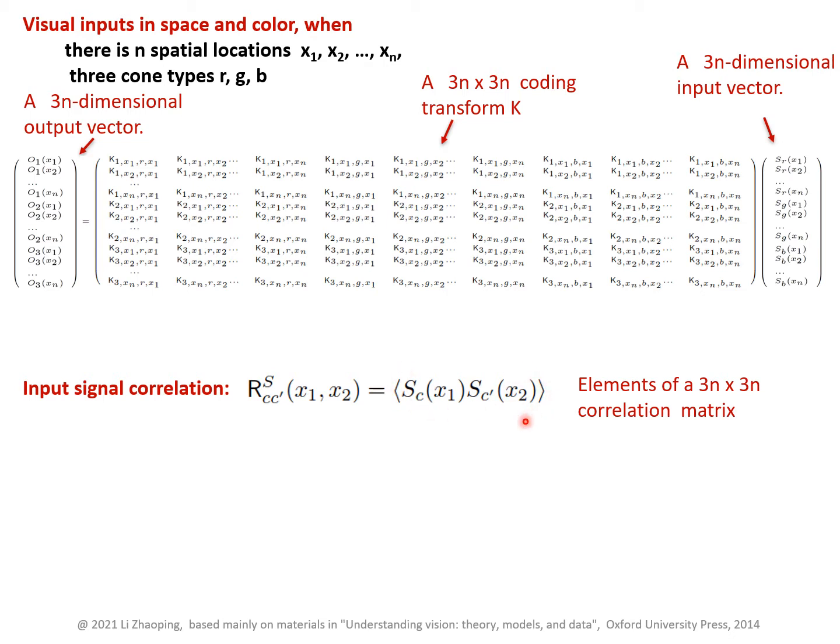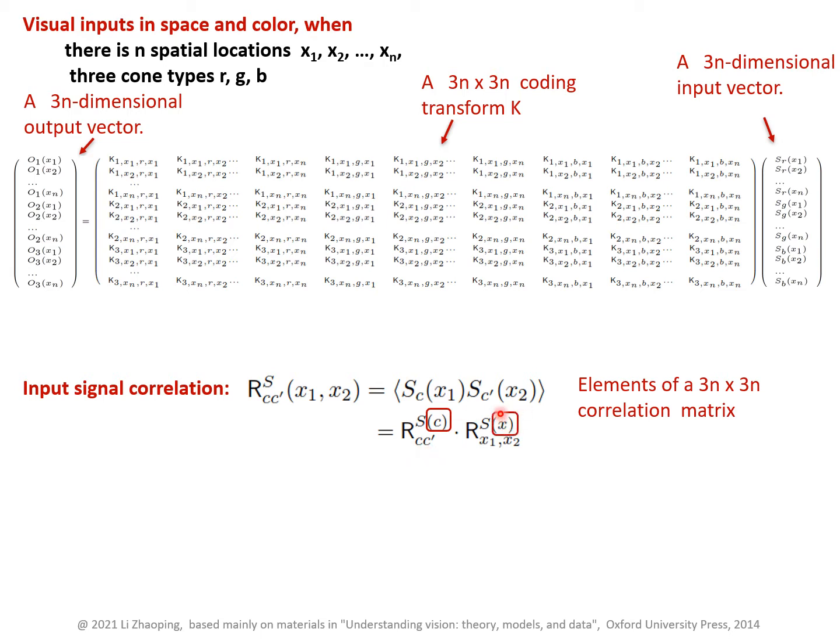And this correlation, we can write it as a multiplication of 2 factors. One factor takes care of correlation between the 2 cones, C and C prime. We use this superscript bracket C to mean that this is just for the color: correlation of the signal just for the color dimensions between cone C and cone C prime.